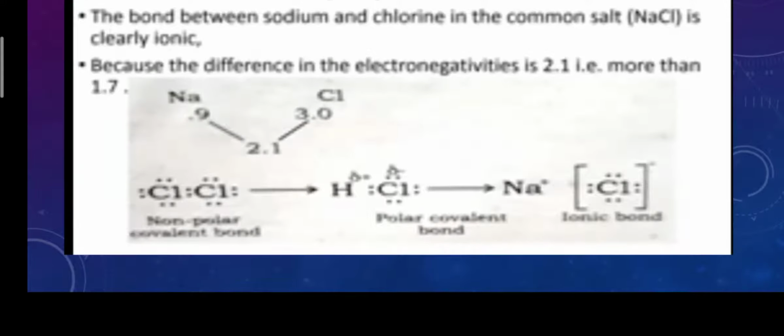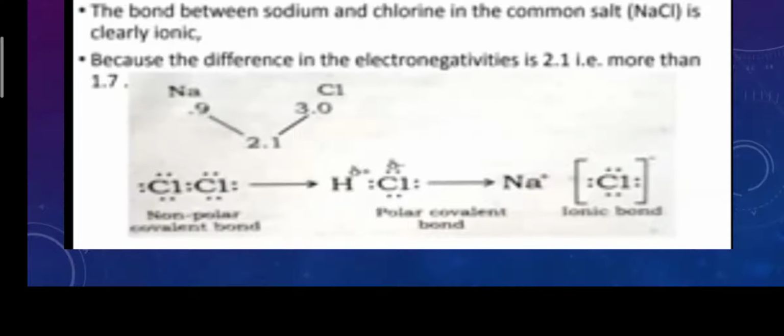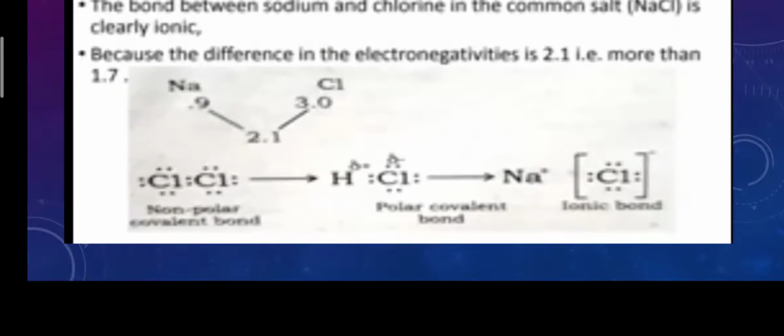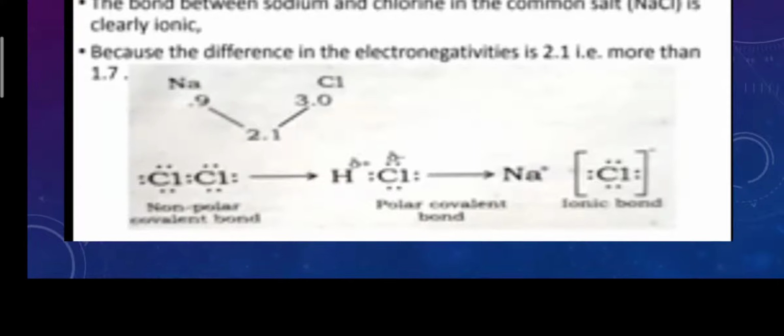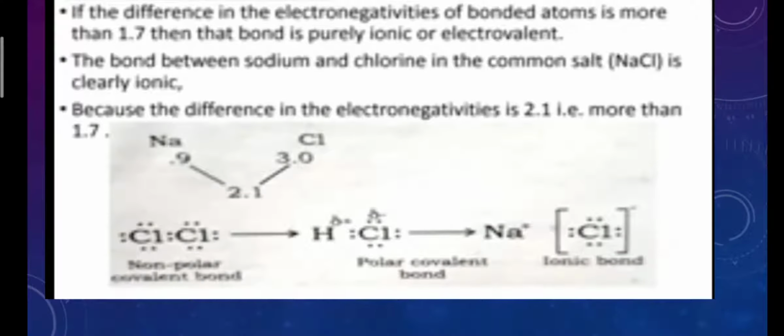The bond formed between chlorine and chlorine in Cl2 is nonpolar covalent bond, while the bond formed in HCl is a polar covalent bond, and the bond formed in NaCl is ionic bond, because the electronegativity of sodium is 0.9 and the electronegativity of chlorine is 3.0.